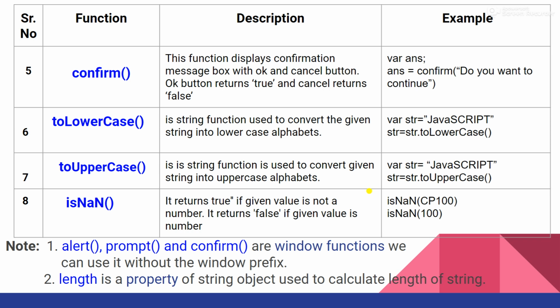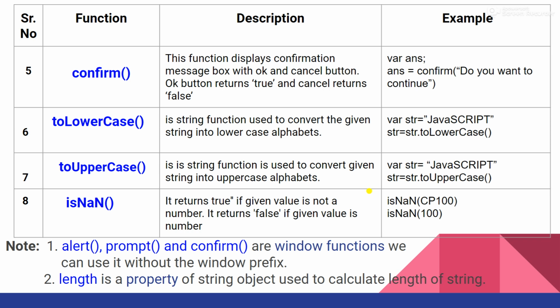It will simply ask, do you want to continue? Okay. If you are okay, then click on OK. If you don't want to continue, you can click on cancel. So here you will have two buttons, OK and cancel. So suppose the user clicks on OK, it will return true. And if the user clicks on cancel, it will return false.